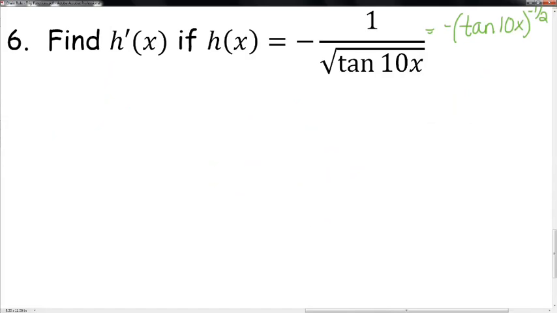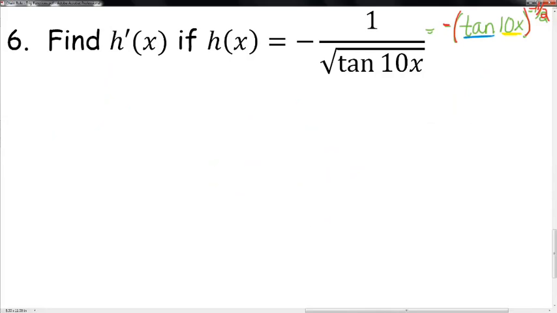Well, my outside, again, my shell is the -1/2. My chocolate is the tangent. My peanut is the 10x.